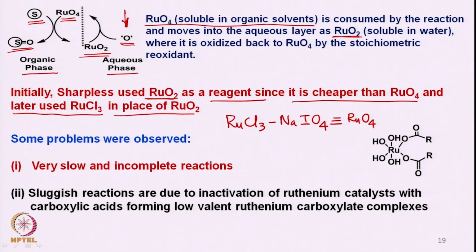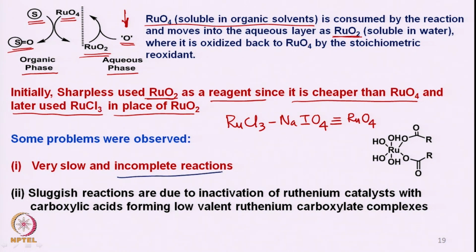However, there are some problems which are observed. For example, with the ruthenium reagents, there are cases where the reaction becomes slow and there is an incomplete reaction.